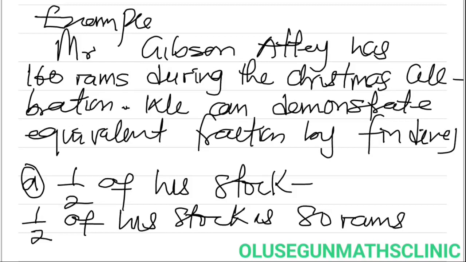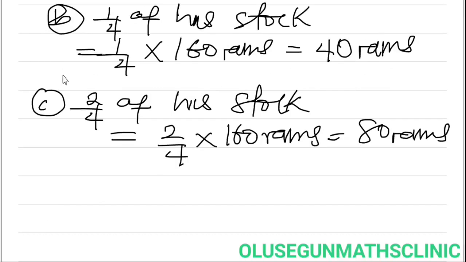Our first answer: 1 over 2 of his stock gives us 80 rand. Another question says that 2 over 4 of his stock also gives us 80 rand.